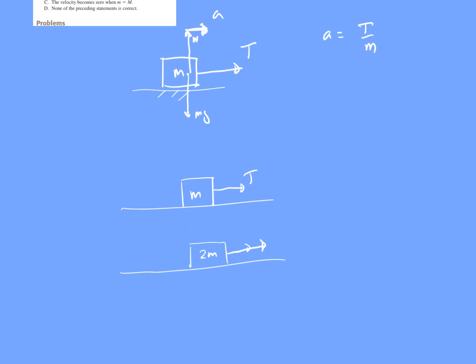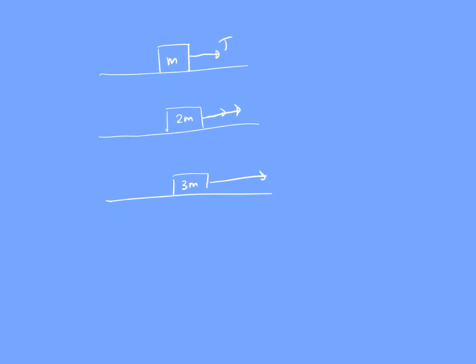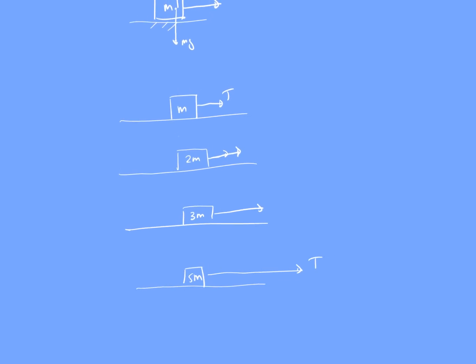If you increase the mass to 3m, the tension will be even bigger. And if you increase the mass to 5m, 5 times its mass, the tension will be bigger. Wow, how can I conclude this?